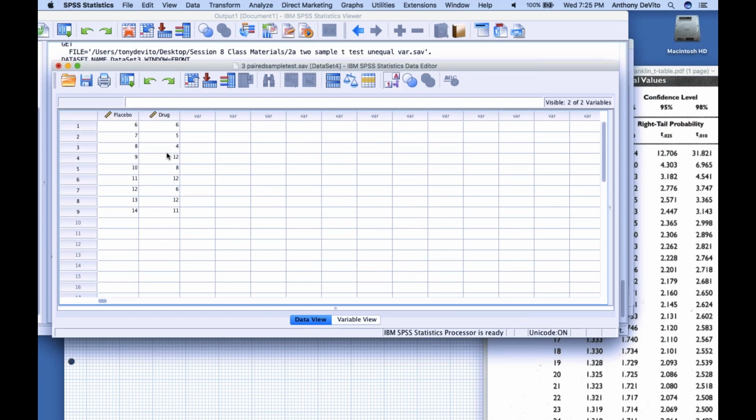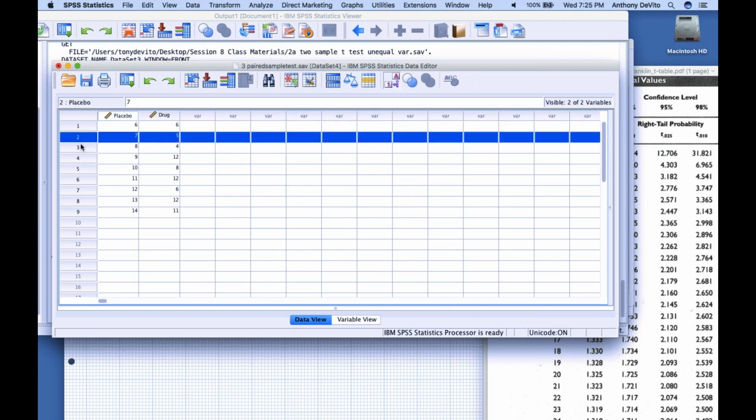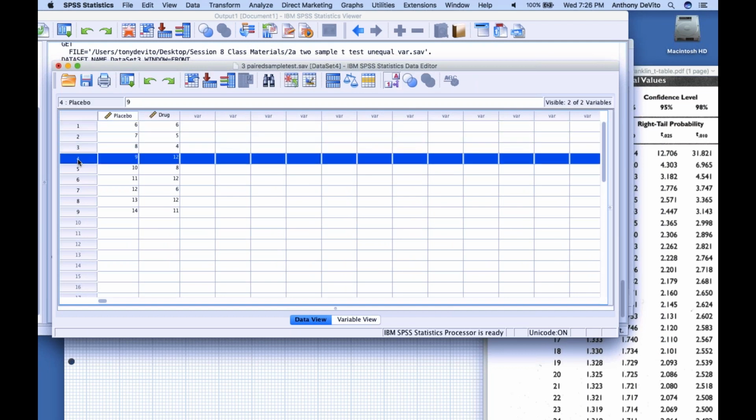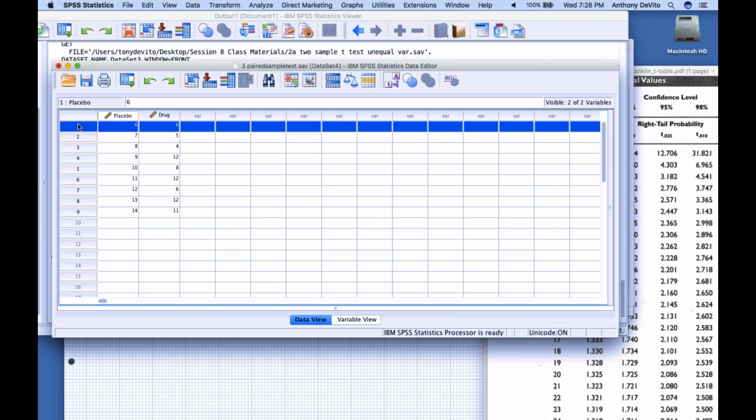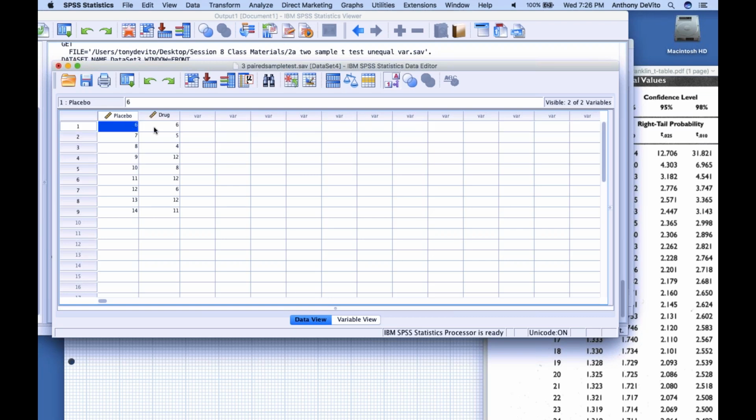At any rate, here's a drug test, except this one is a different kind of drug test. In this drug test, each person is represented by a row, and each person received the placebo, and each person received the drug. Let's make believe that this is a drug for reducing the pain of migraines.